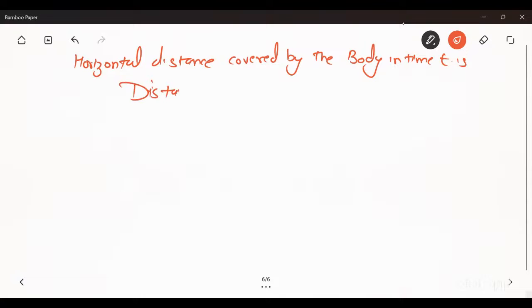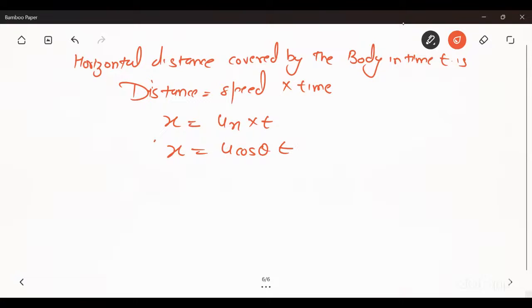The horizontal distance is x, speed is ux, and suppose time is t. We know ux in the horizontal direction is u cos theta. So x is equal to u cos theta into t. Now t is equal to x upon u cos theta, which will be the time.